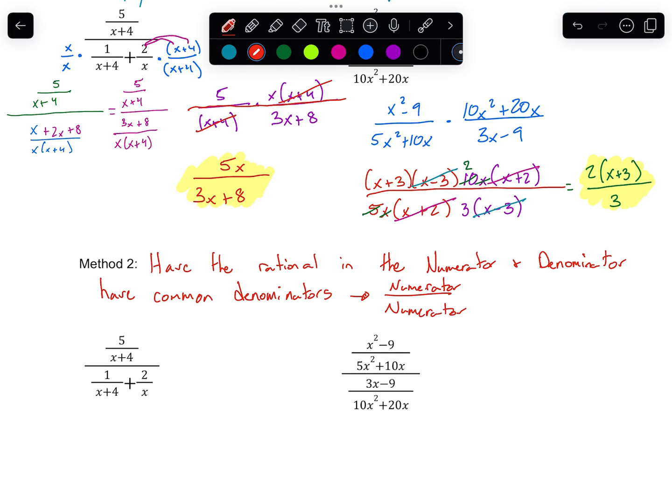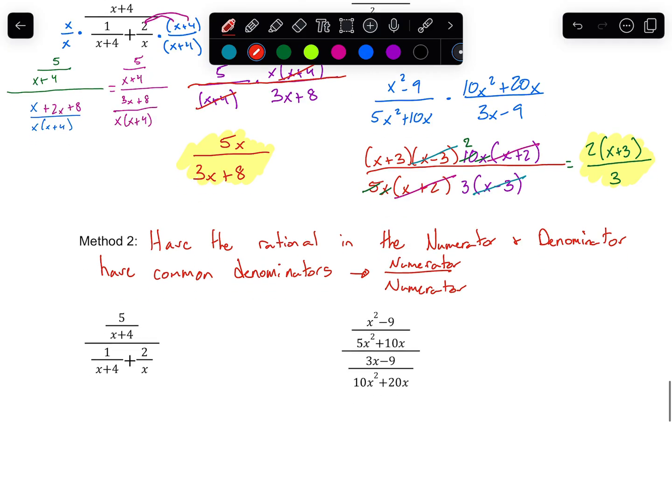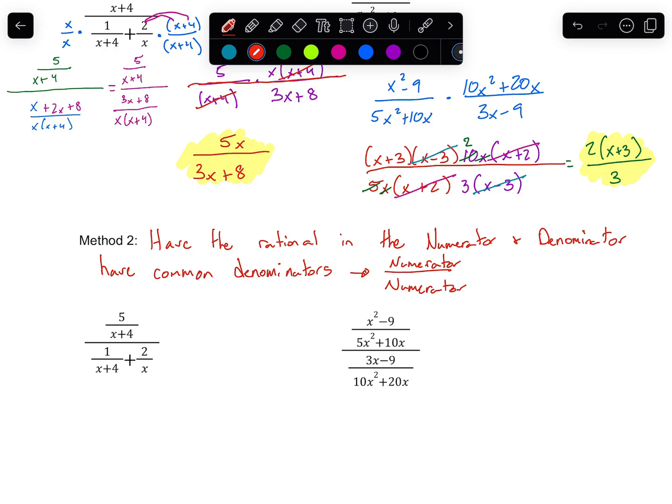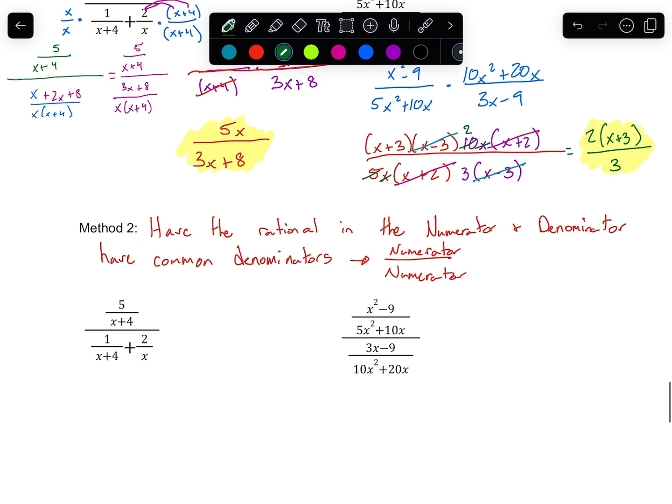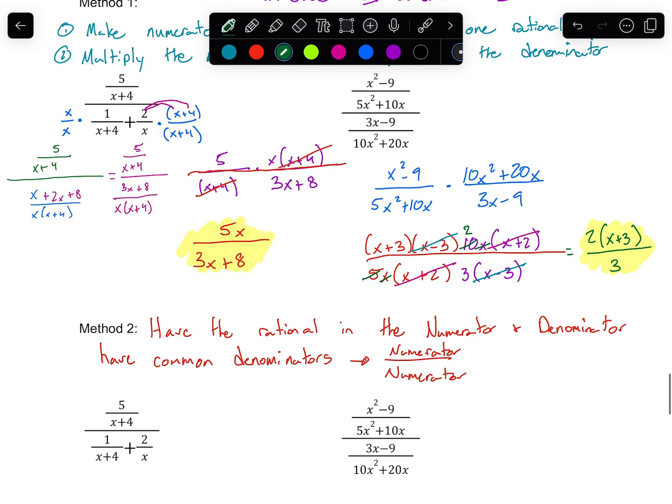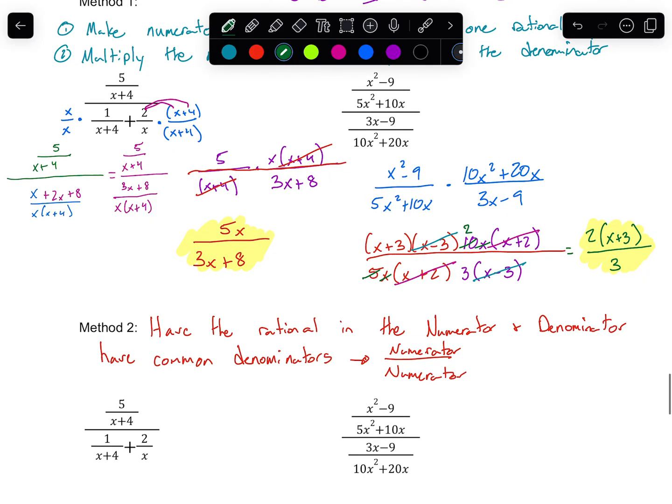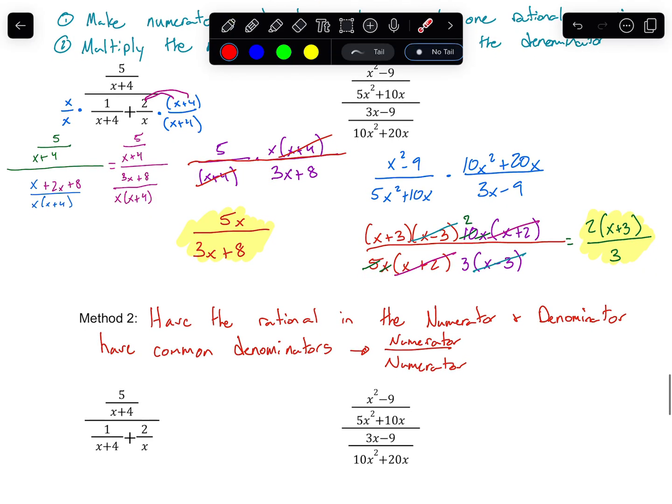Okay, it's going to kind of start off the same. We still want to have one rational in the numerator as in the denominator. So if we look at our first example here, it's the same as what we had up top. I'm going to skip to this step right here, where we got to one rational, because that's still going to be the same thing we have to do.